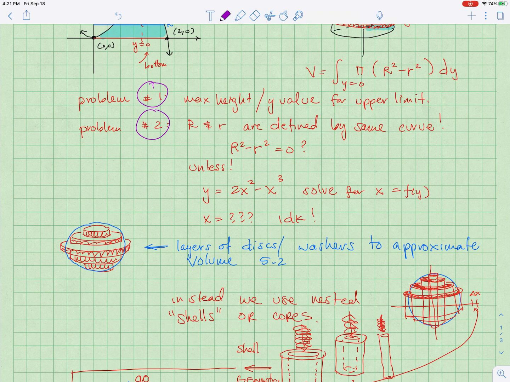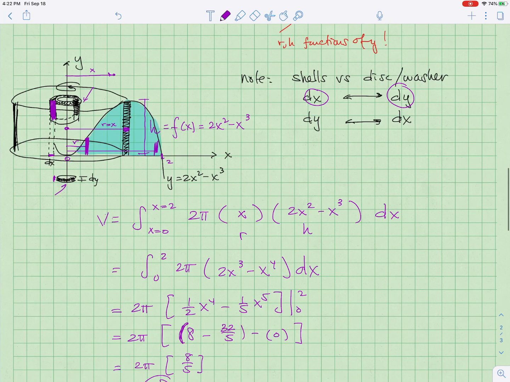So there might be a preferred setup. Thirdly, if I give you a problem that can be set up both ways, you really need to understand that if you're going to set it up with discs, washers, versus shells, they're going to have those opposite variables. So keep that in mind, and we'll take a look at some examples in the next video.